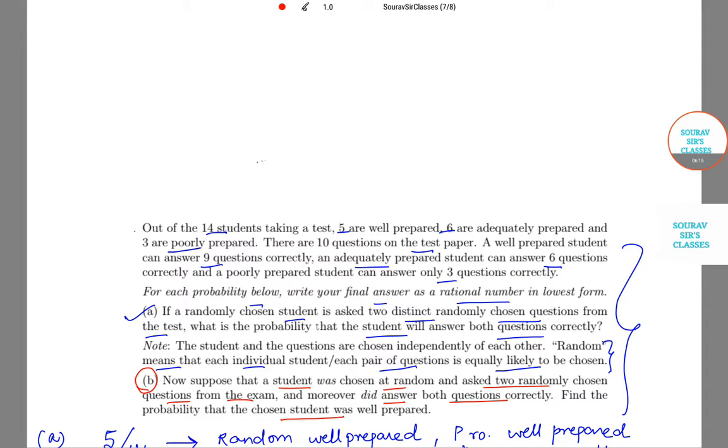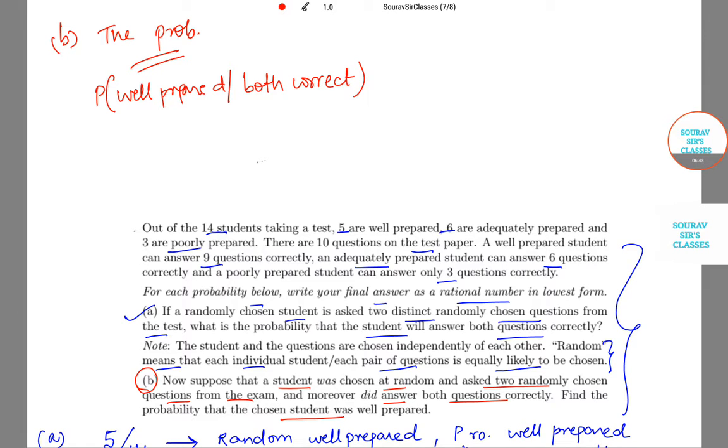So this is part B. So the probability that a randomly chosen student was well prepared, given that he answers both questions correctly, is a conditional probability. You want a well prepared student to be chosen, given that he is answering both randomly chosen questions correctly.